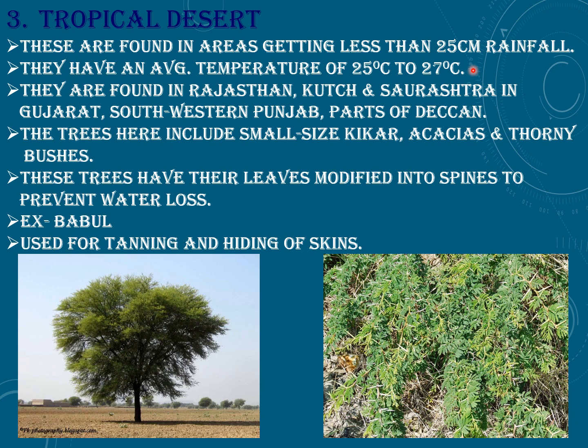The trees here are smaller in size with scrub-like appearance, and they have long roots to tap water or moisture from the subsoil level. At the places where such type of forest exists, they get very less amount of rainfall. So there is scarcity of water.